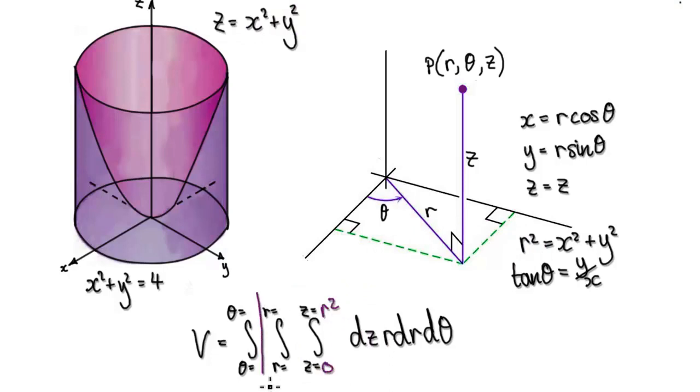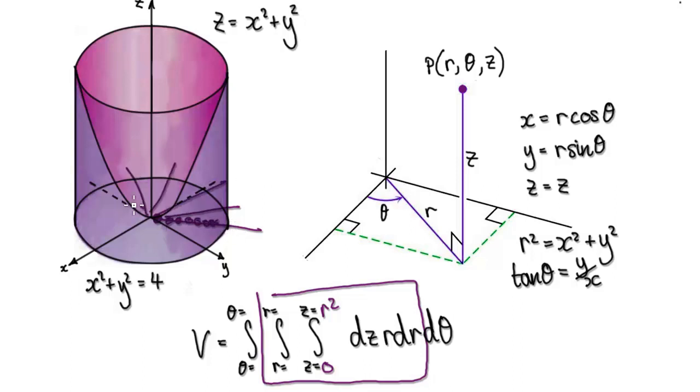And in terms of the radius, you're integrating from a radius of 0, and then you move along until you stop when the radius gets to 2. So you're integrating from a radius of 0 to a radius of 2.